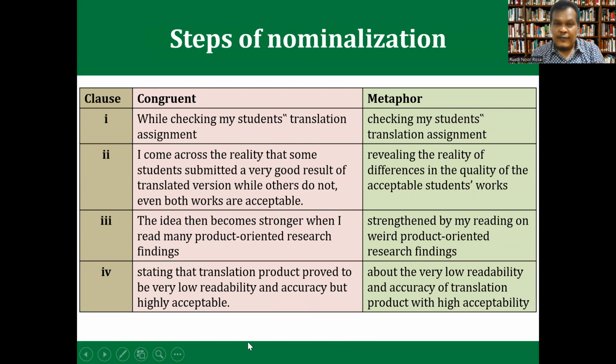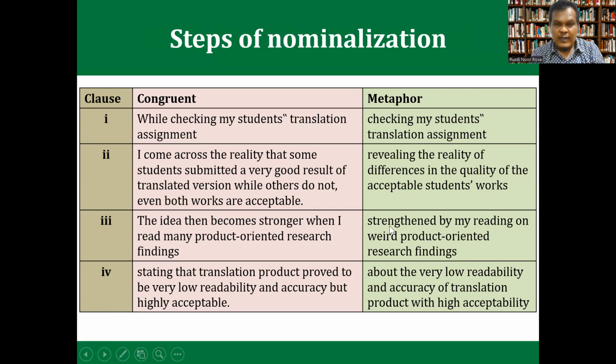Now, these clauses are changed into phrases. And we have, for the first clause, only checking my students' translation assignment. This one revealing the reality of differences in the quality of the acceptable students' works.